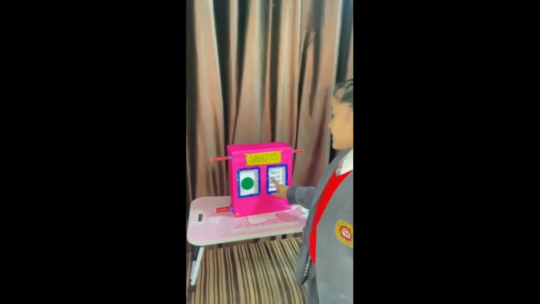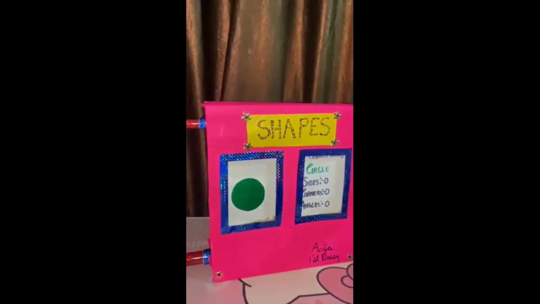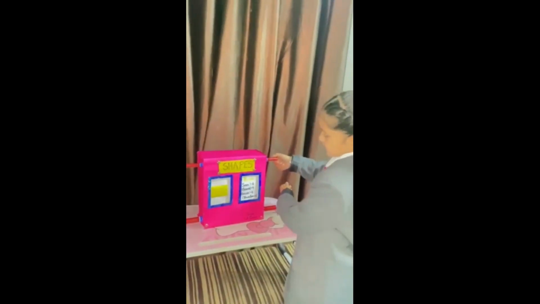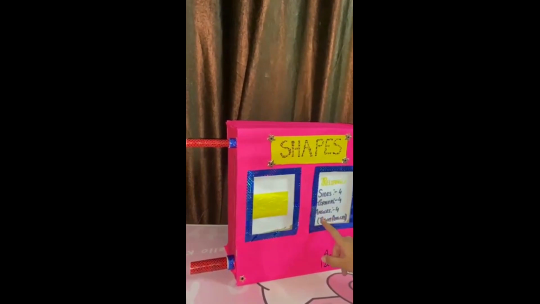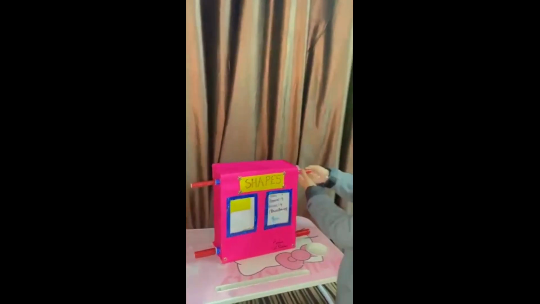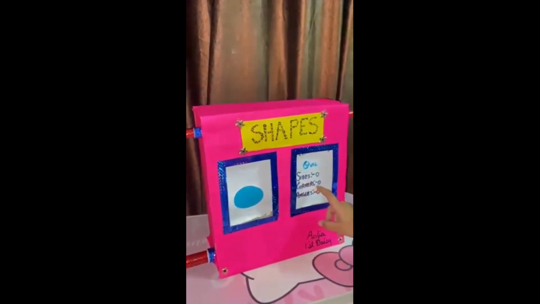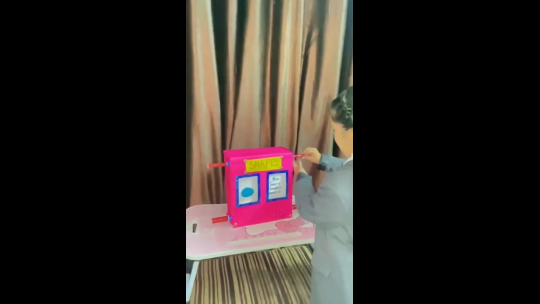It has 0 sides, 0 corners and 0 angles. Now next, this is a rectangle. It has 4 sides, 4 corners and 4 angles. Now next, this is an oval. It has 0 sides, 0 corners and 0 angles.